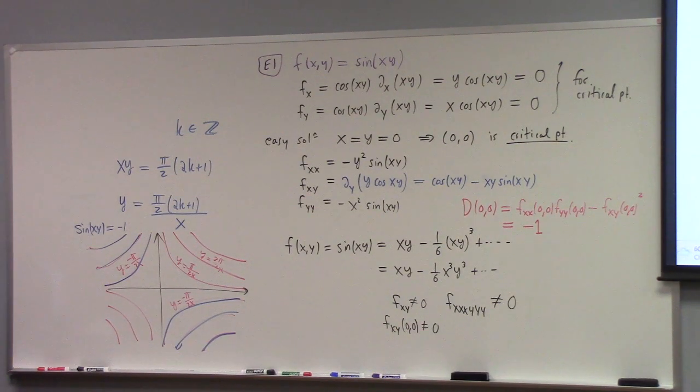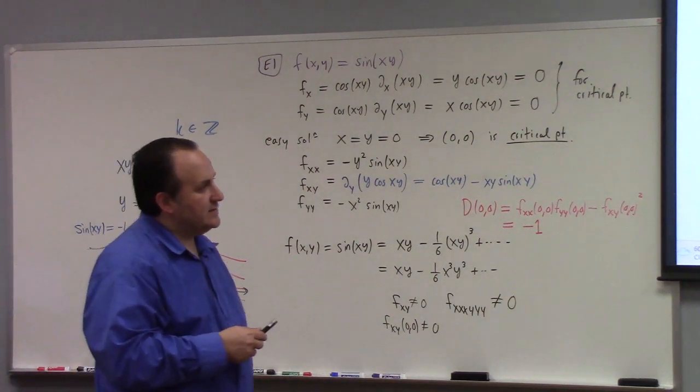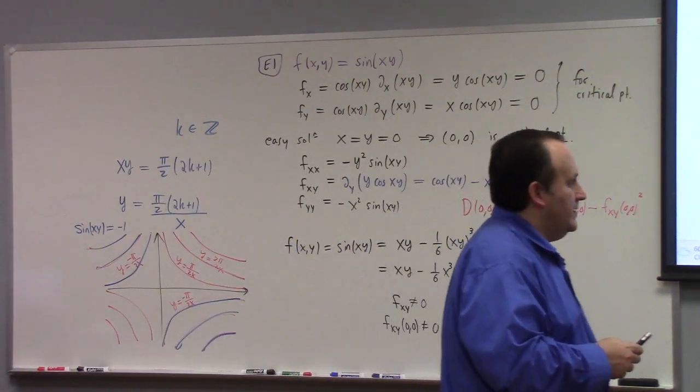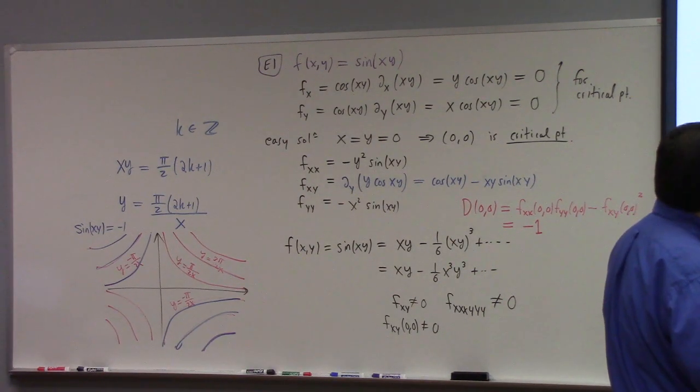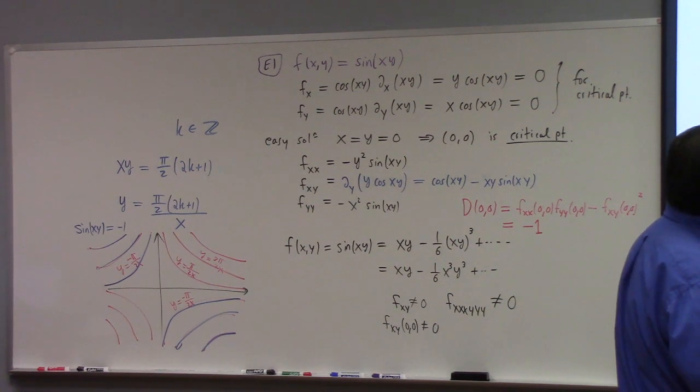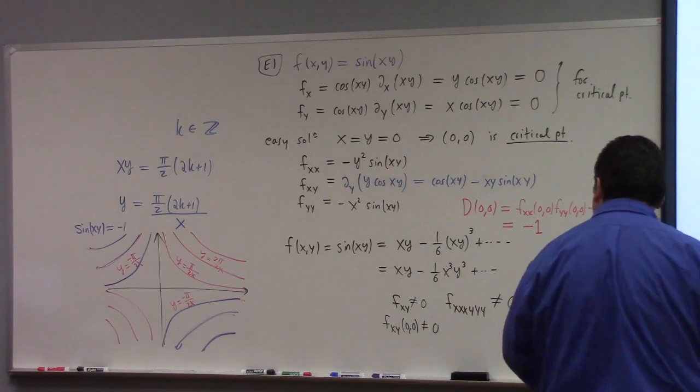Why isn't fxx 8? Why isn't what? fxx, like the second derivative at the point? Well, it seems like it would be a constant 8. Well, that's true. fxx at the point, you're not wrong.